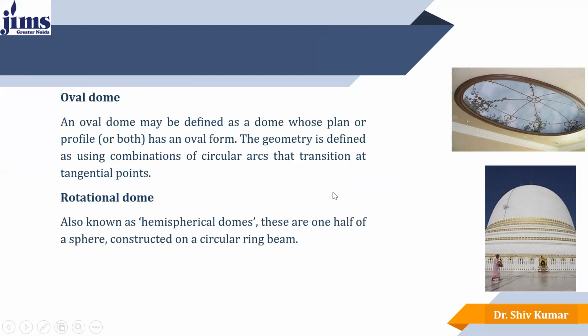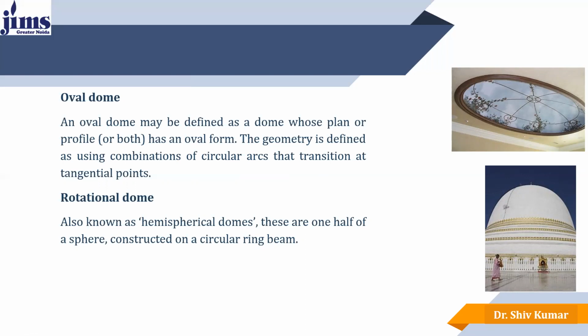So in the first image, you can see that the base is also oval, and besides that, the curvature and the rise which has been given to the dome is also oval in shape, in the longitudinal and the horizontal direction. On all the sides, it is oval in shape.